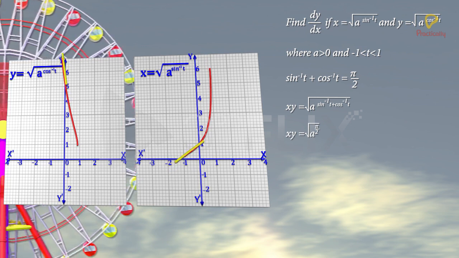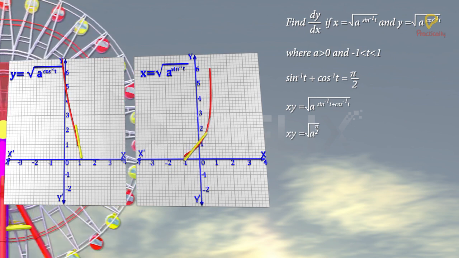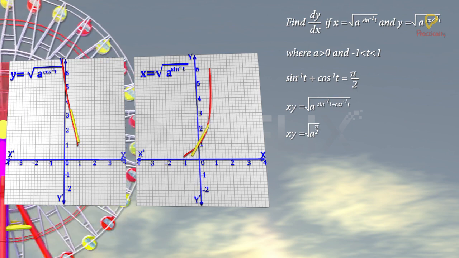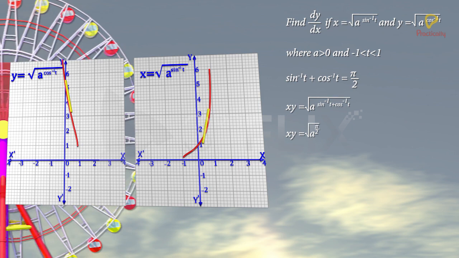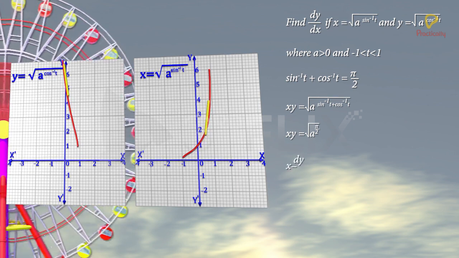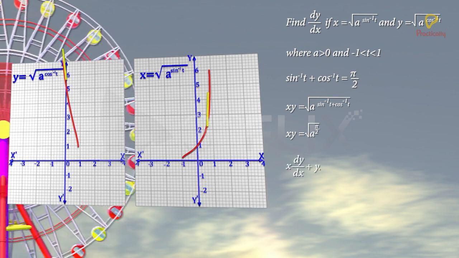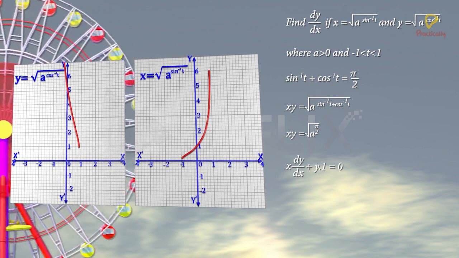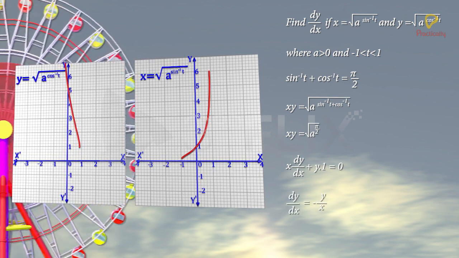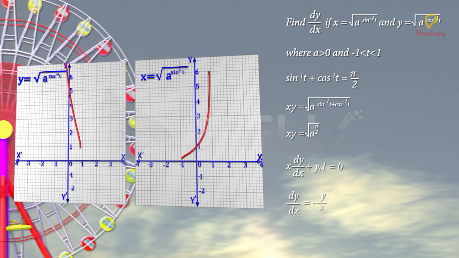Now, it is easier to find dy by dx from this equation. So, differentiating the equation with respect to x, we get x times dy by dx plus y times 1 is equal to 0, so that dy by dx is equal to minus of y by x.